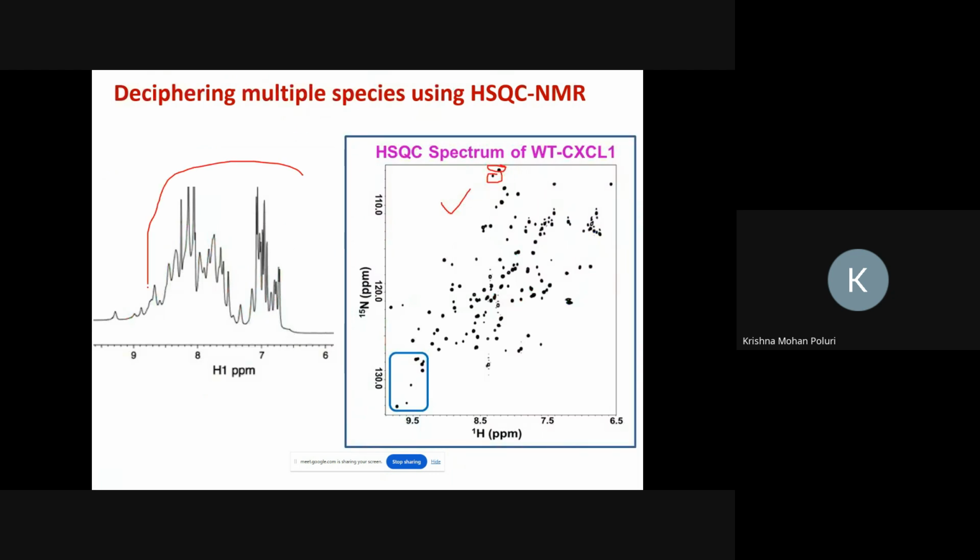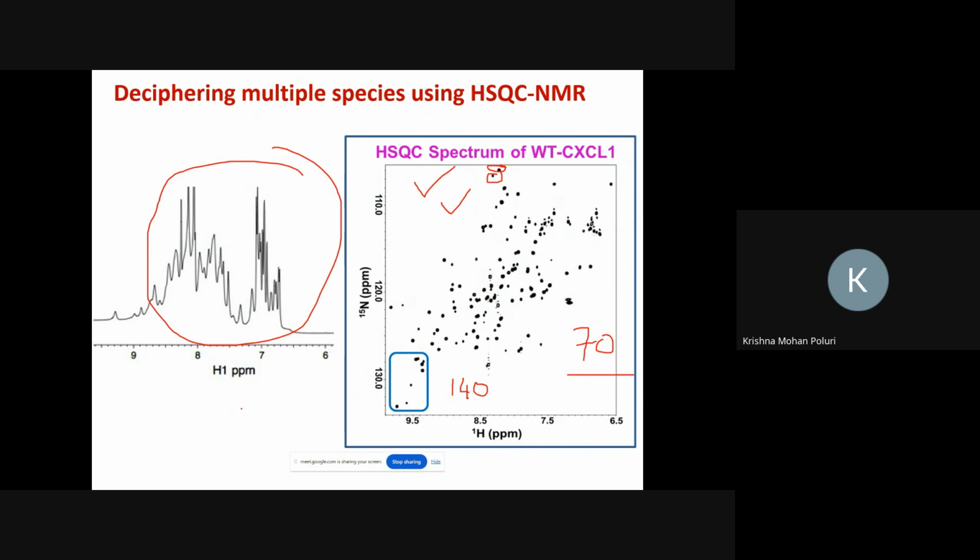Similarly, this is one example. If you have this, you will never know what this protein is. But if you record a two-dimensional NMR spectrum here, actually this is only a 70 amino acid protein. A 70 amino acid protein should have only 70 dots. But roughly, if you count these dots, you will get around 140 dots. How can 70 amino acids give 140 dots?